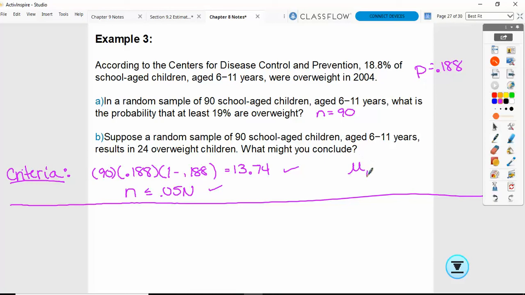All right, let's go ahead and find our mean and standard deviation. So we're talking about our population proportion. My mean is just that p-value that we were given in the problem, so 0.188. Standard deviation is the square root of p times 1 minus p over n.